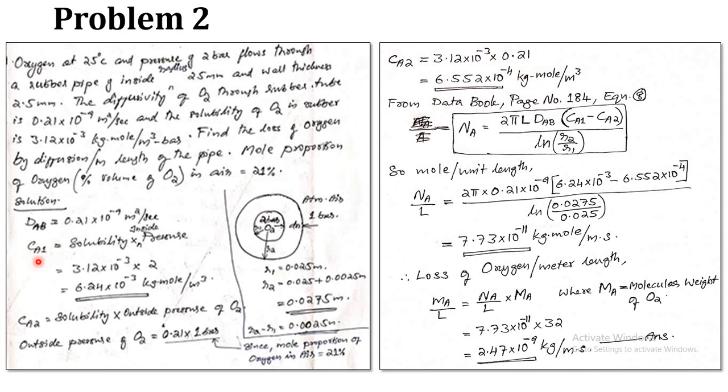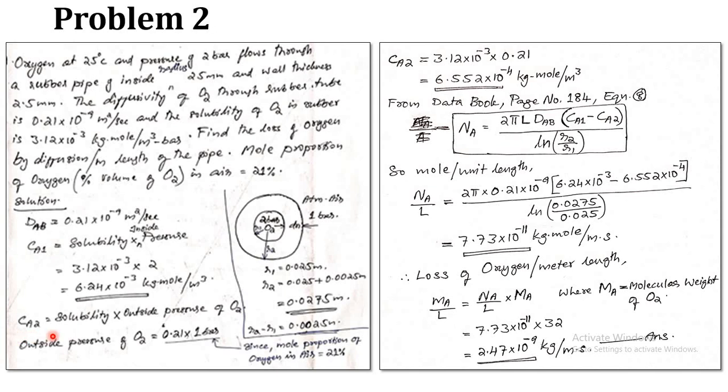We need to find the molar concentration at inside. That is CA1 is equal to solubility multiplied by inside pressure. Solubility is given, inside pressure is given. So you can calculate CA1, that is 6.24 into 10 raised to minus 3 kilogram mole per meter cube.